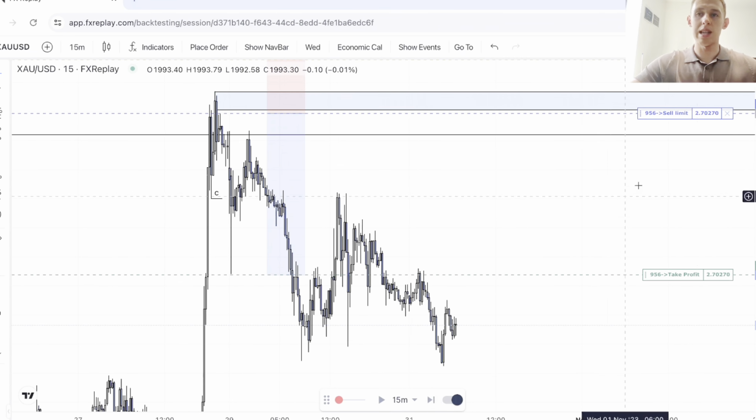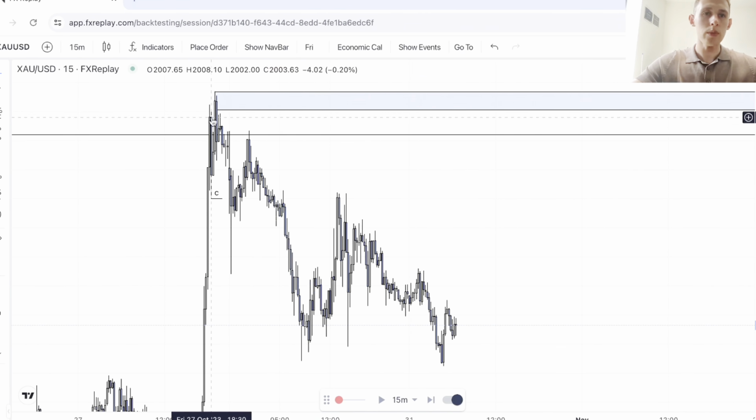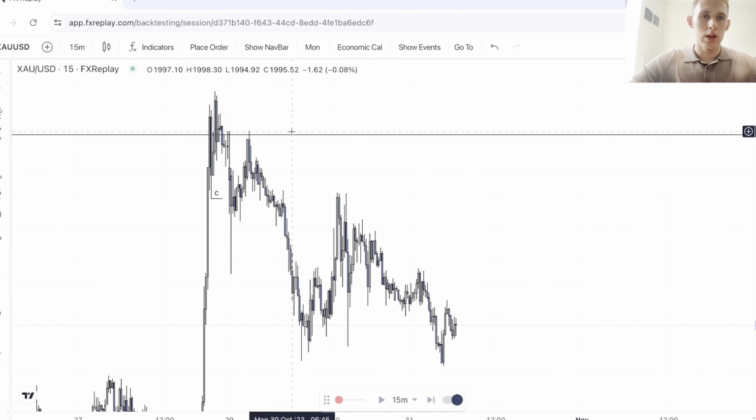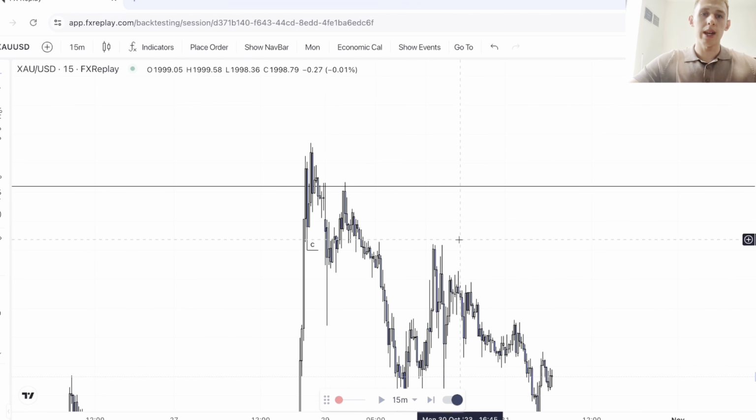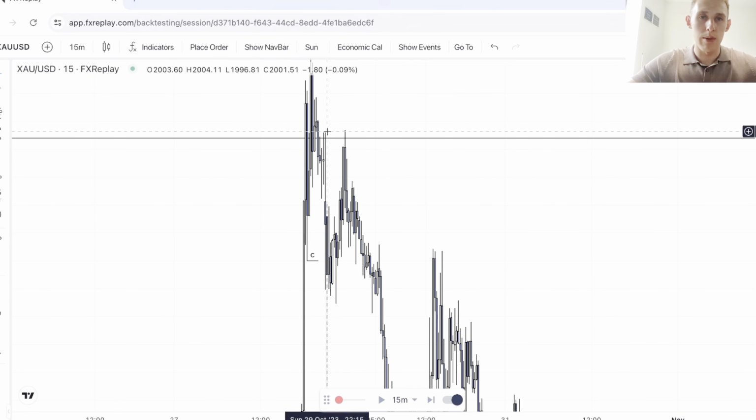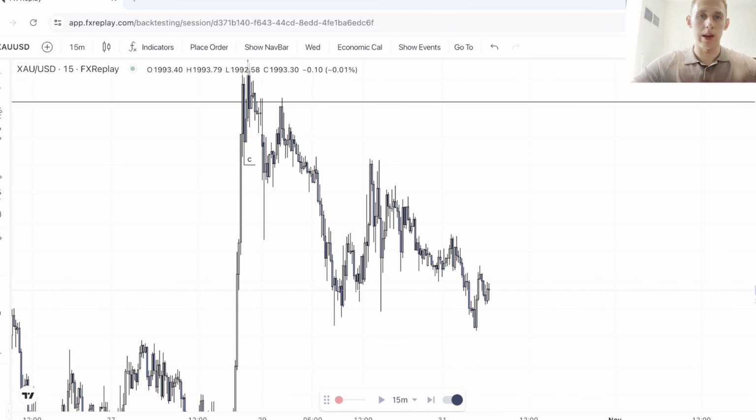Yeah, okay, so I would delete this at this point. So what we can actually see is that price reacted from this 15-minute level just in here, which I should have identified, but on to the next trade.